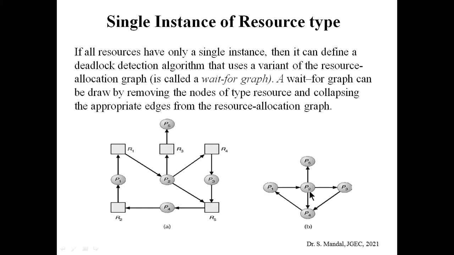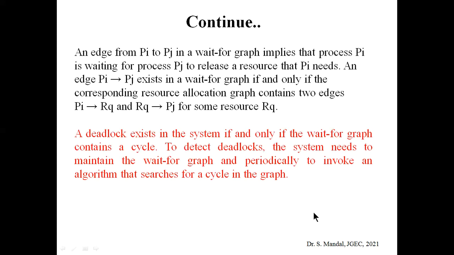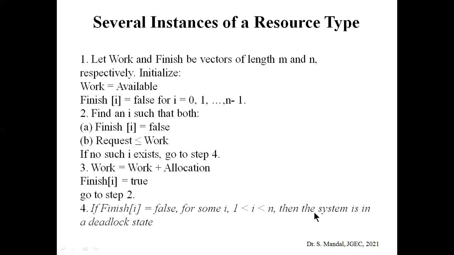You can see that two edges go in the P4 direction, so we cannot move from P2 to P3 to P4 and back, but we can move from P4 to P2. So P3 is not in the cycle, but P1, P2, and P4 are in the cycle. That means there is a deadlock.